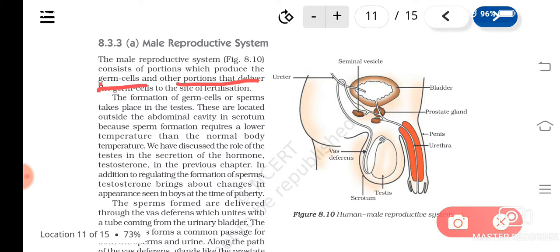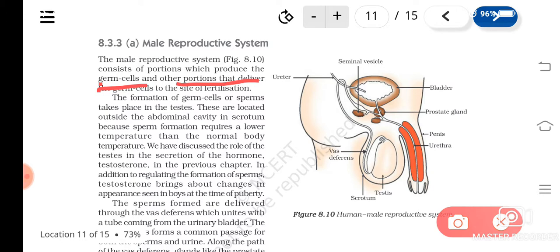So we can divide these parts into two on the basis of the functions they have to do. One part is for the production of sperms or germ cells, and the other part delivers the sperms into the site of fertilization.